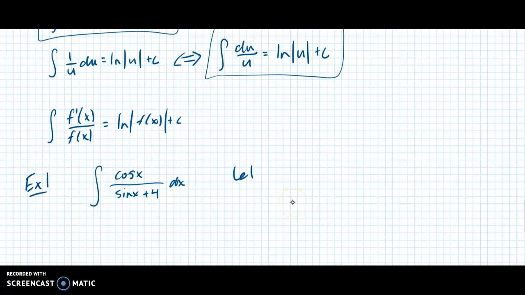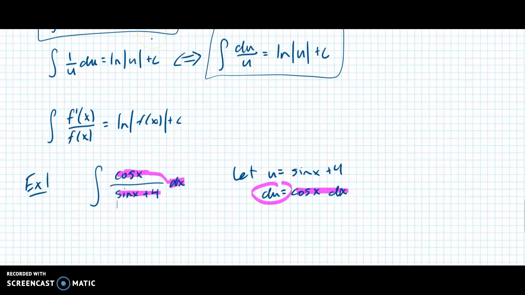So I'm going to say let u equal the denominator, sine x plus 4. What is du? Well, it is cosine x dx. Now, just like we did before, you should see that this, along with that, is this, so it'll get replaced with that.